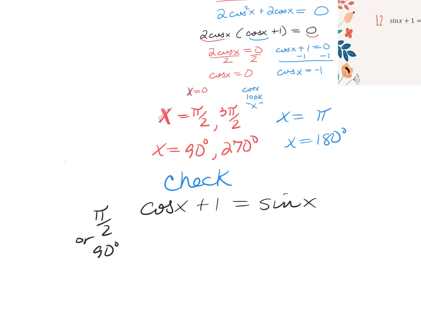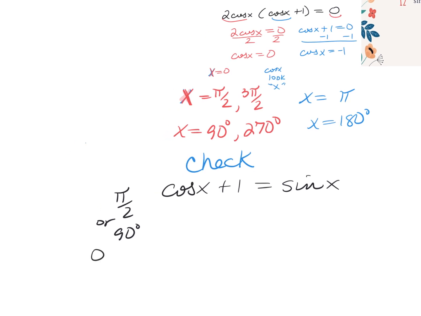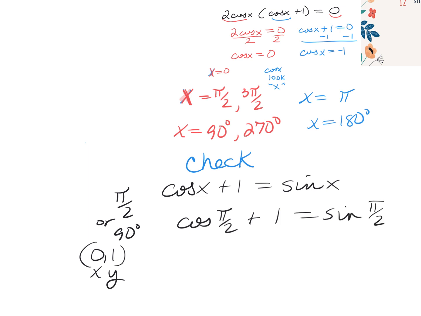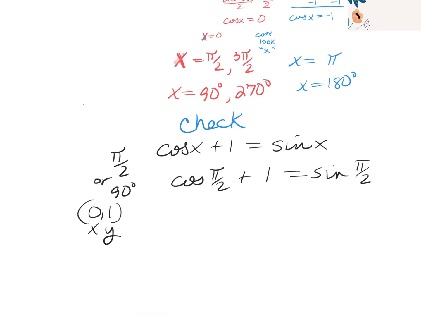Remember, that ordered pair is the 0, 1. This is x, this is y. Remember, I'm going to be doing cosine of pi over 2 plus 1 equals sine pi over 2. If you'd rather check it and put it in as degrees, it doesn't matter, because either way, it's still using the same ordered pair.